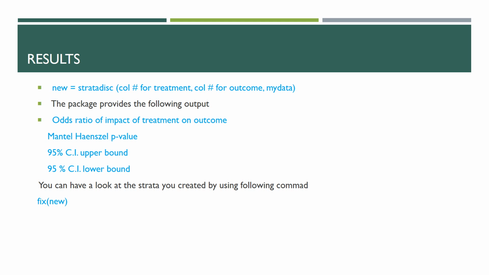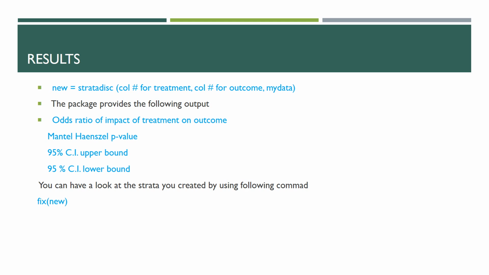My data set is the name of your data set. I called it mydata, you can call it anything. And newdata here is the data set where the package will provide you the results. So you can use any appropriate name you might want for your results data.